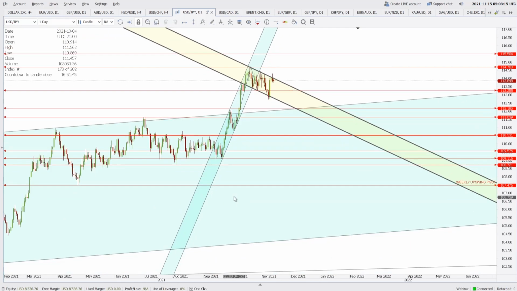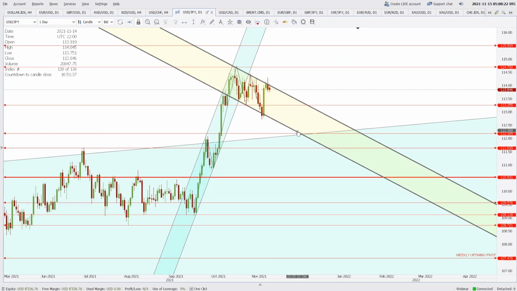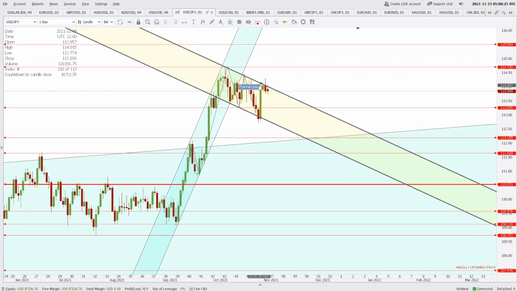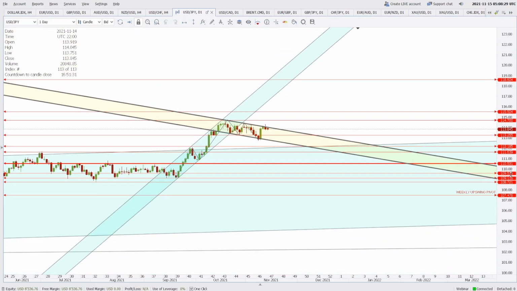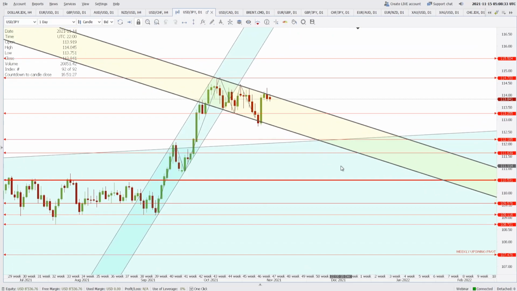So this is a formation of a flag and a pennant. I think flag, pole and a flag formation. So anytime the price breaks above this falling channel, I think 114.70 and even higher prices will be possible till 118.60 in this market. But right now support for the market is 113.25 and the resistance is at 114.70 in this market.